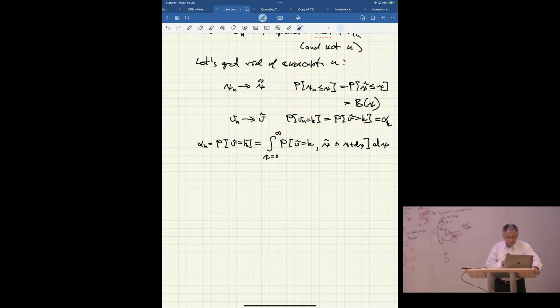Now I'm not done yet, because I want to use the trick of conditional probability to write down this joint probability.